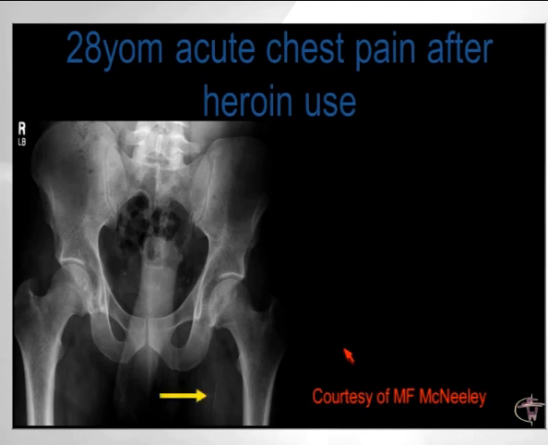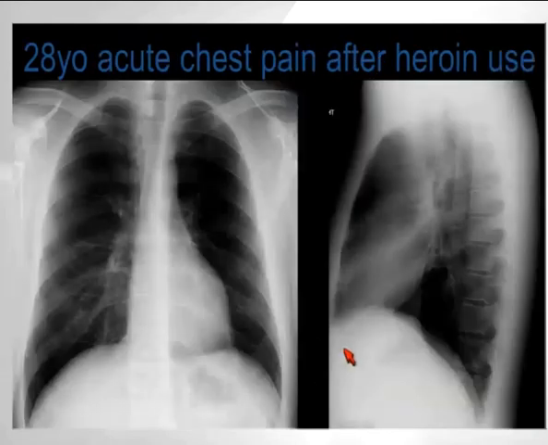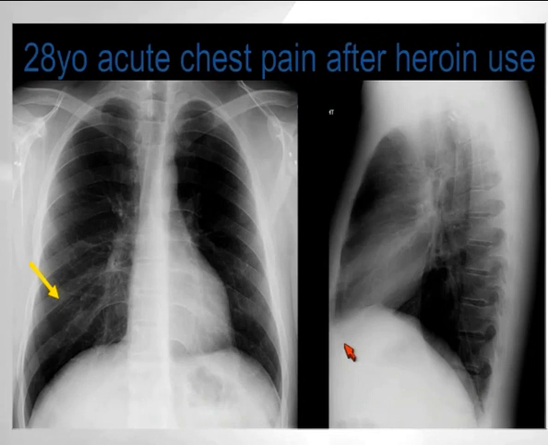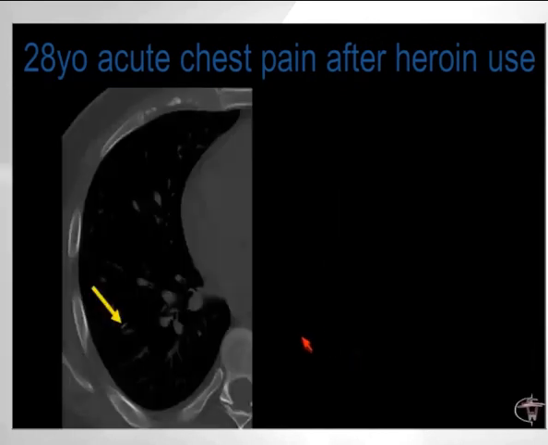Well, on the pelvic radiograph there's a needle in his left hip where he injected, but it doesn't explain his chest pain. So he got a chest x-ray, and on the chest x-ray, sure enough, there's the needle embolized into his pulmonary arteries, visualized radiographically, and on CT, this time displayed in a bone window, we see the needle in the pulmonary parenchyma.